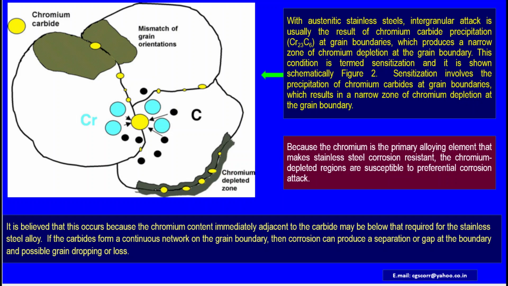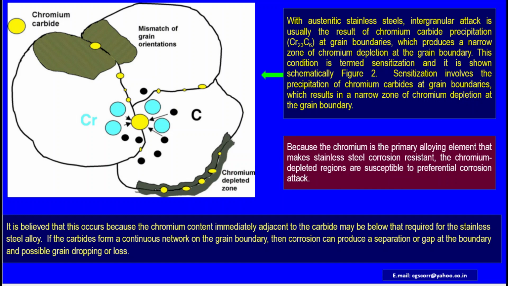It is pictorially shown in figure 2 on the left hand side. You can see here the yellow round is chromium carbide, the light blue round is chromium ions, and the black round is chromium and carbon. Along the grain boundaries you can see the chromium depleted zone, and on the grain boundary you can see chromium carbide, the yellow rounds.